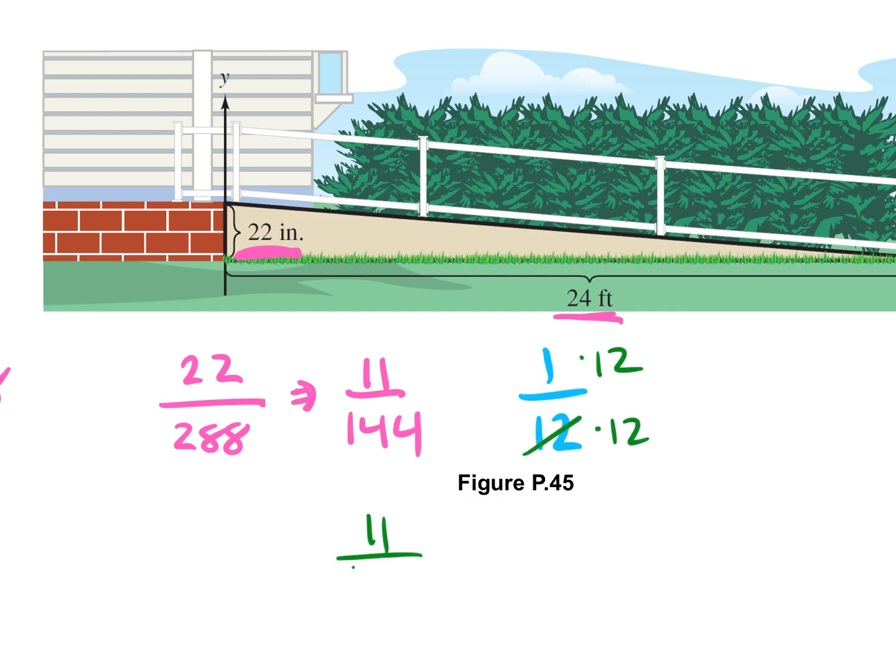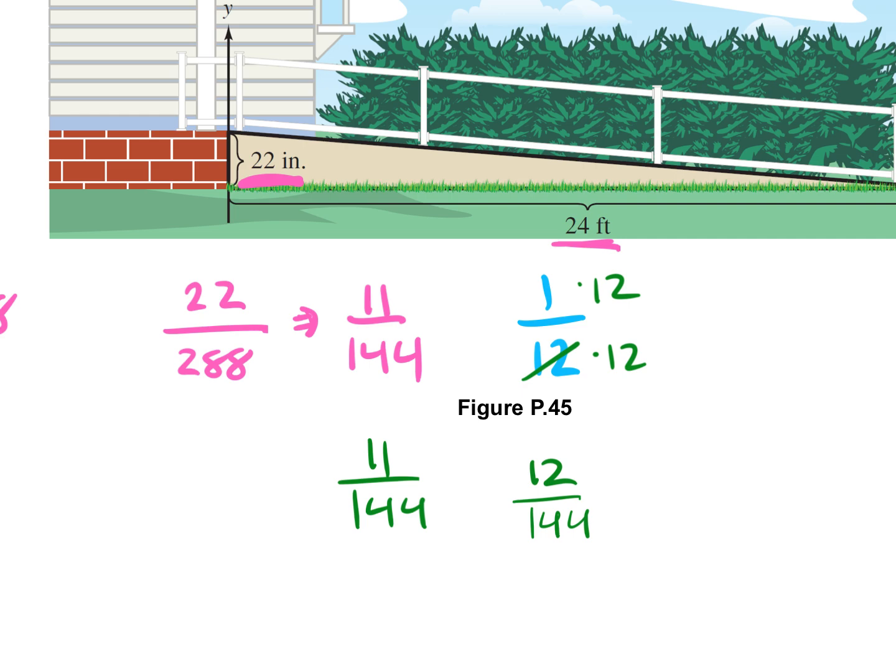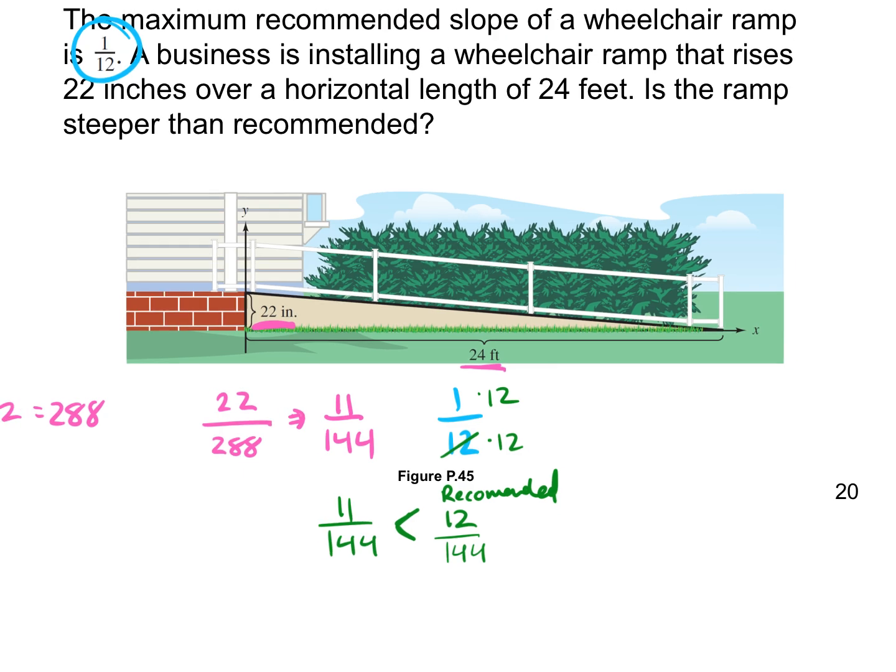So we have 11 over 144. We're comparing that to 12 over 144. So if 11 over 144 is less than 12 over 144, this was our recommended. If the slope of our ramp is less than, would it be steeper than recommended?